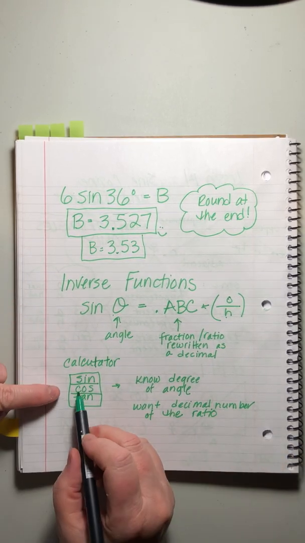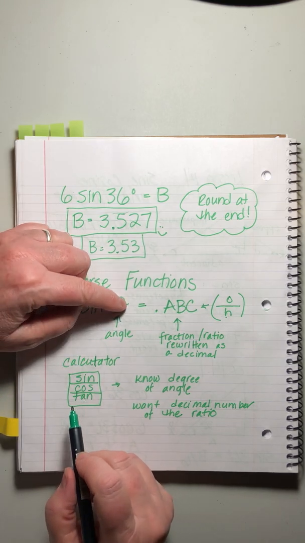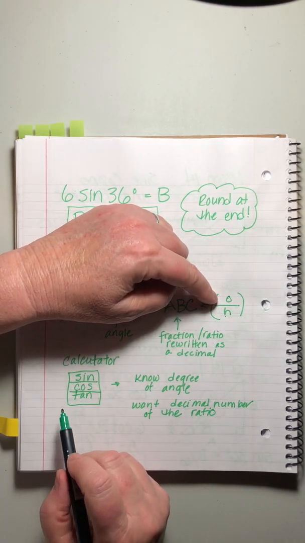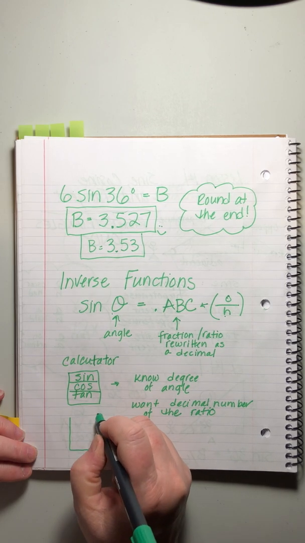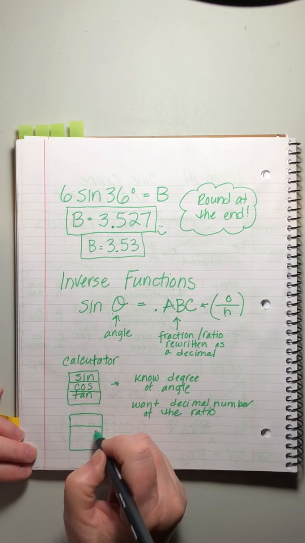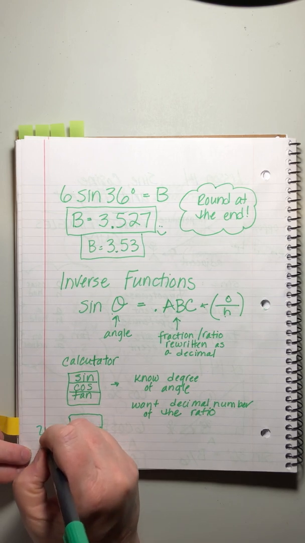So we use these buttons when we know this and we want that. But there's another set of buttons. And to get to them on most calculators, you have to press the second key.